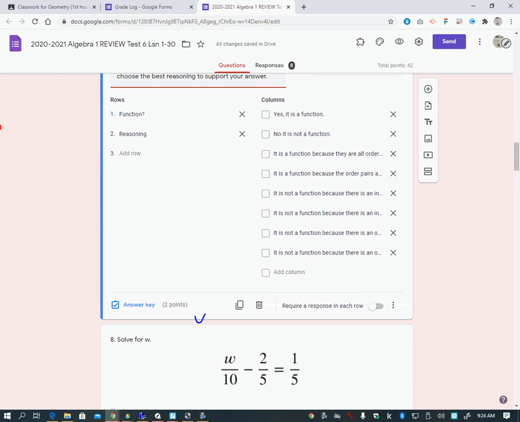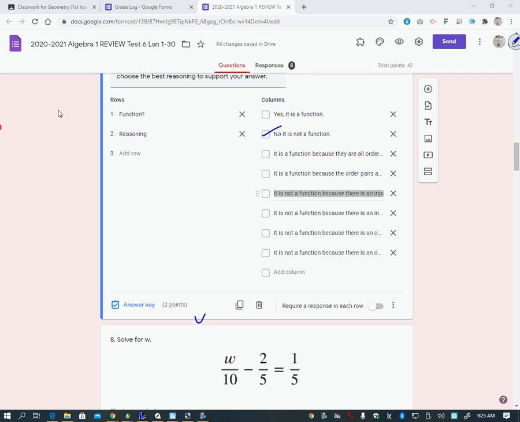It's a function because. No, it's not a function because there is. And I can't read the rest of them, but you guys can, right? No, it's not a function.